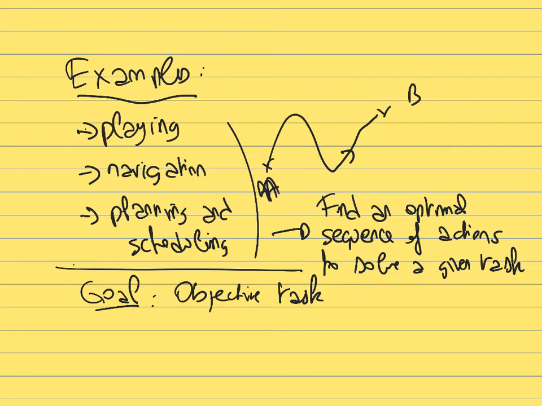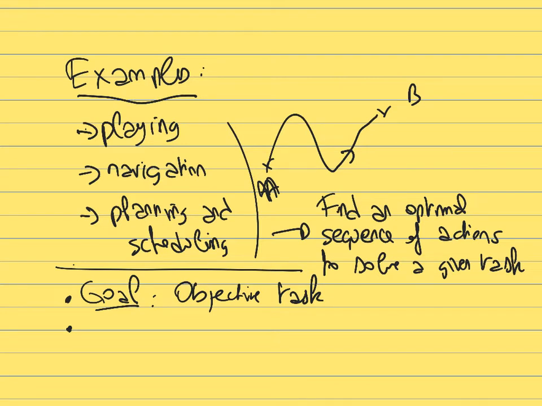Or if you are trying to find an optimal way to solve a given problem, you need to formalize what is the objective, what is the final goal, when do you consider that this problem has been solved. So that's the first thing that you need to make sure you solve, because we need to decide when has the problem been accomplished. So that's when the AI algorithm will stop.